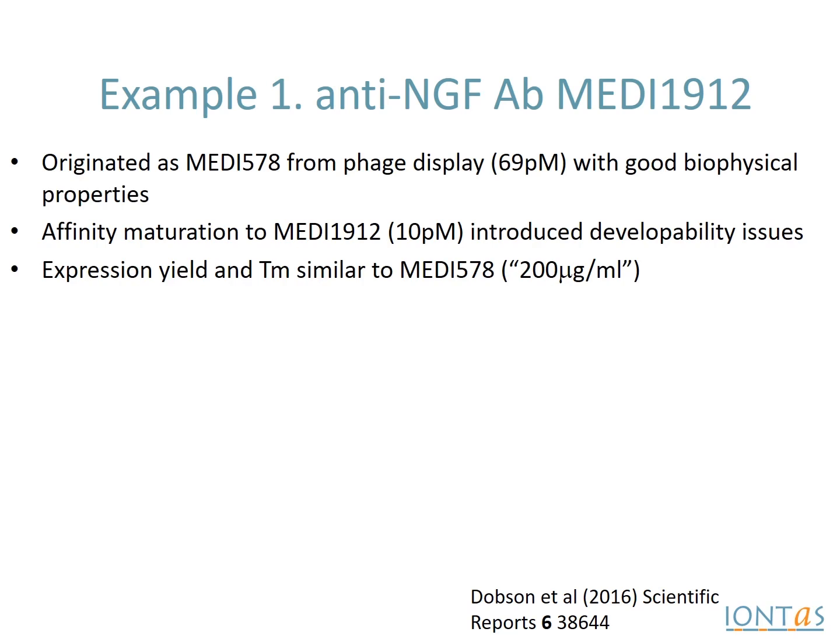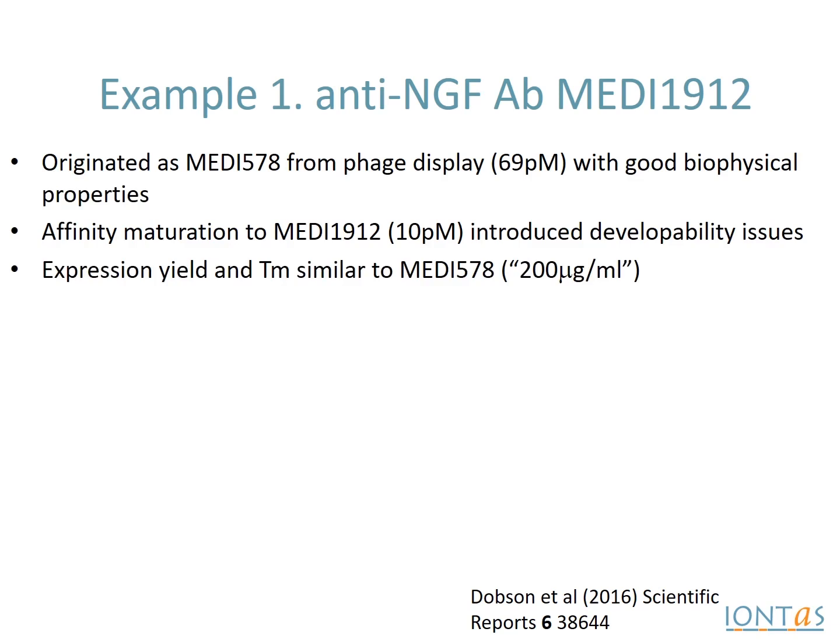These issues are not obvious from simply looking at the melting temperature or even the yield produced in transient culture. Both the parent MEDI 578 and MEDI 1912 were, according to the publication shown here, expressed in the territory of 200 microgram per mil in transient culture.